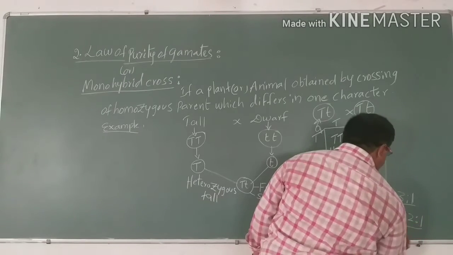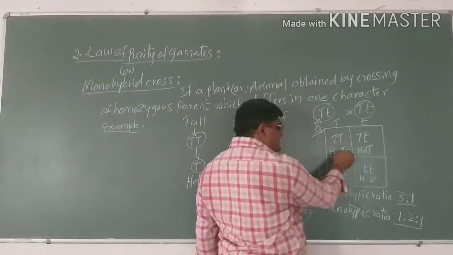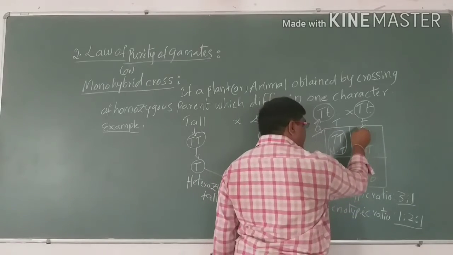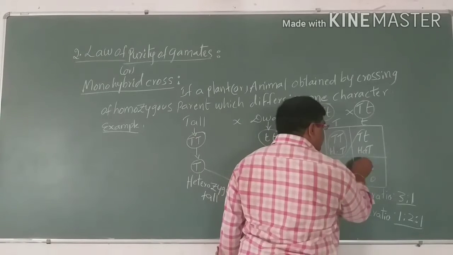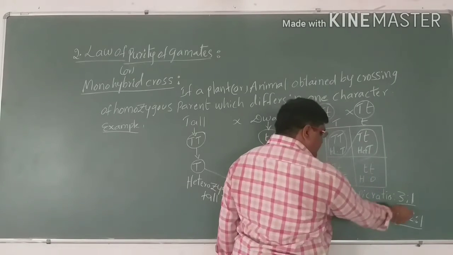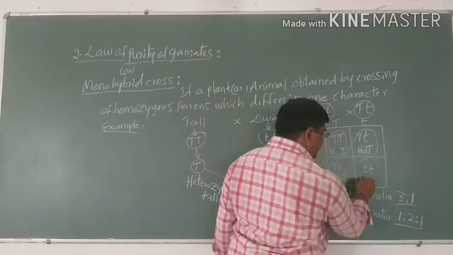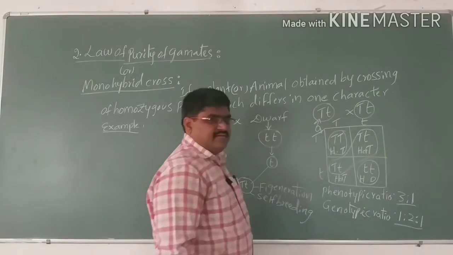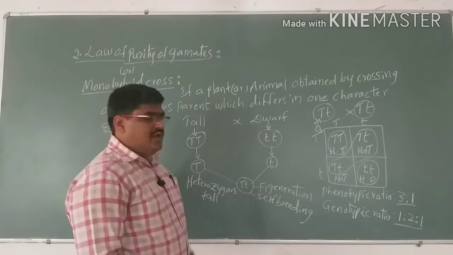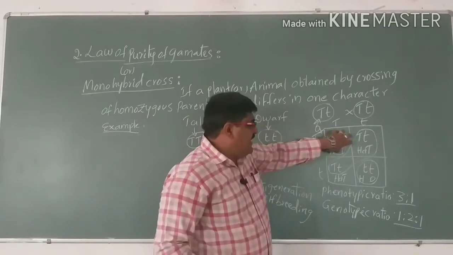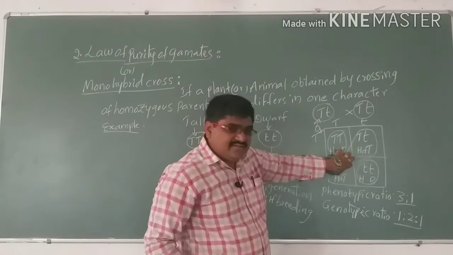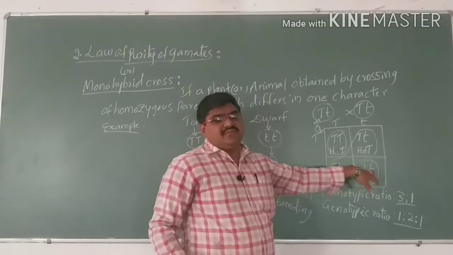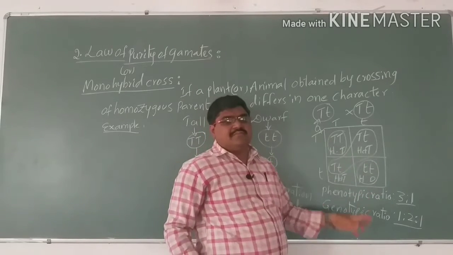That means we will have one purely homozygous tall character, two heterozygous tall characters, and one purely homozygous recessive or dwarf character. So here one is purely dominant, two are heterozygous tall characters, and one is purely a homozygous recessive character, that is, the dwarf character is produced.